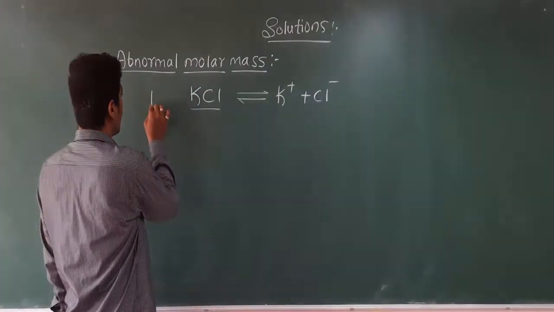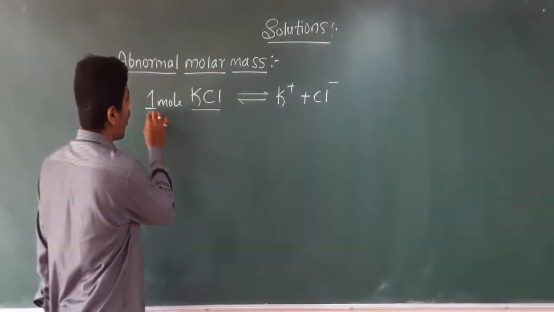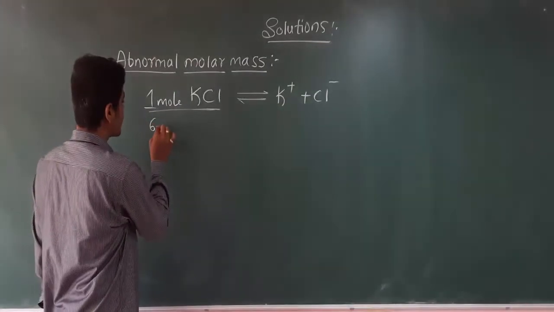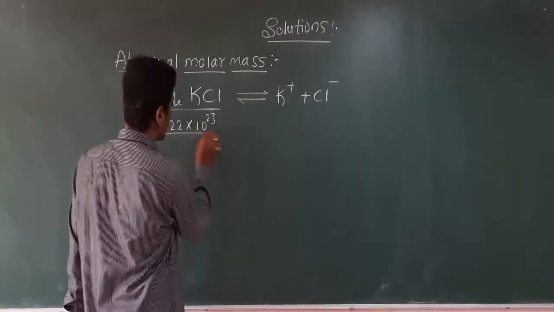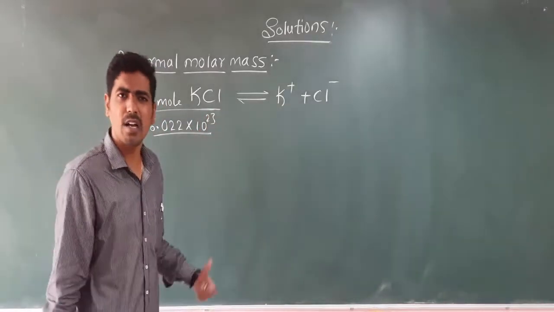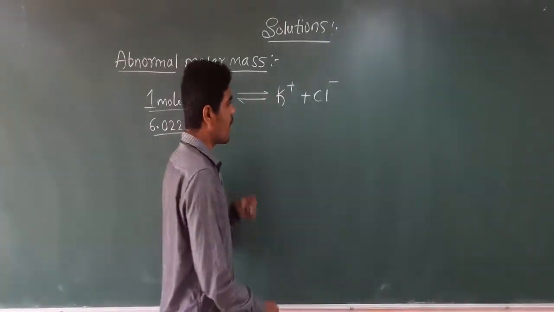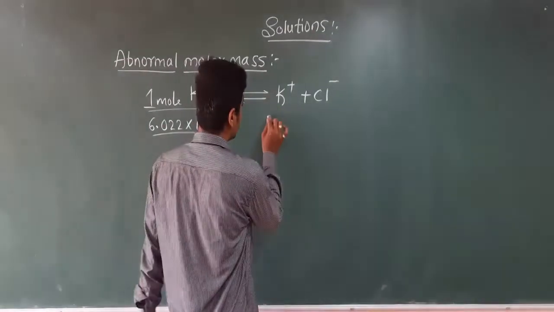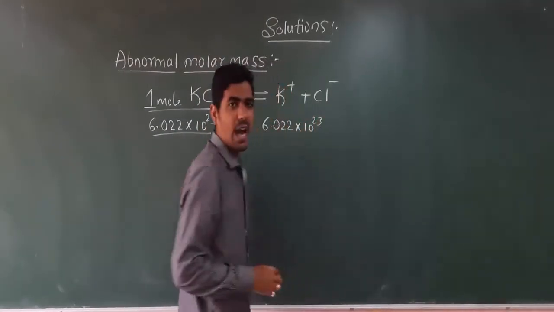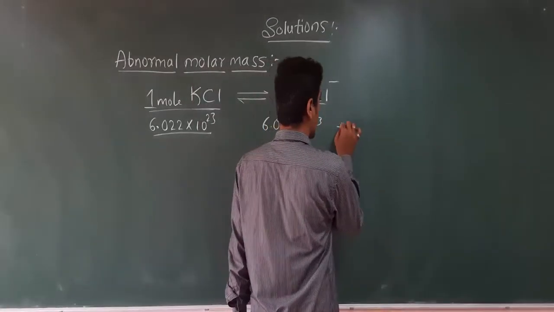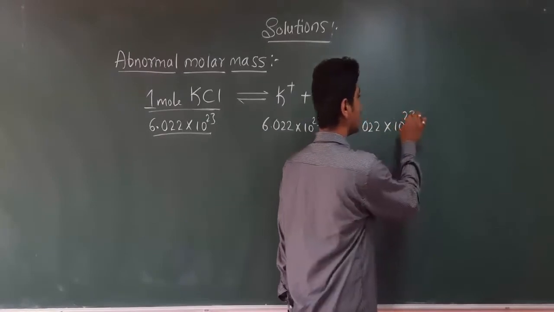Suppose I have taken 1 mole of KCl, that means 6.022 into 10 raised to 23 KCl units are present. Upon dissolution, the number of K+ ions will be 6.022 into 10 raised to 23 and the number of Cl- ions is 6.022 into 10 raised to 23.